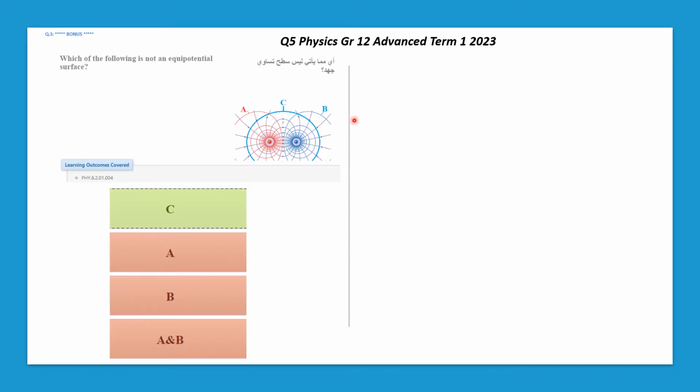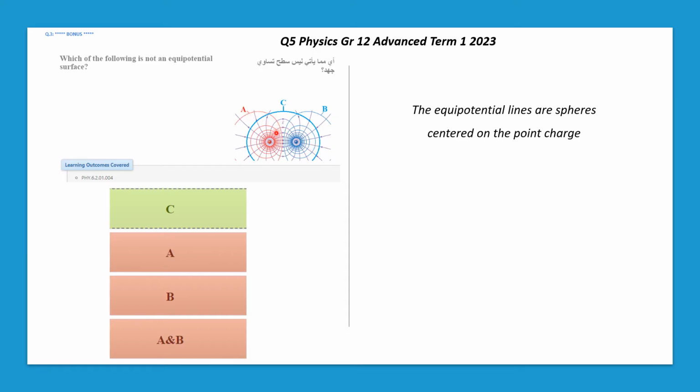This question is from chapter 3, section 3. Which of the following is not an equipotential surface? So here we have 3 surfaces, A, B, and C. And according to that chapter 3, there is a sentence saying that the equipotential lines are spheres centered on the point charge.